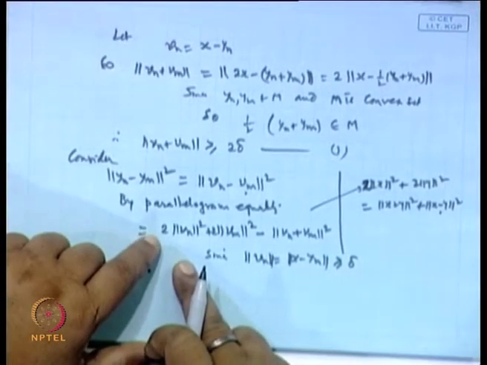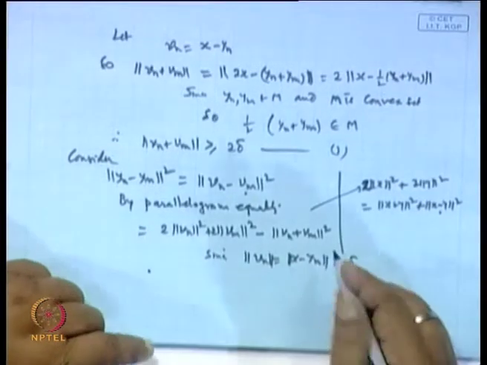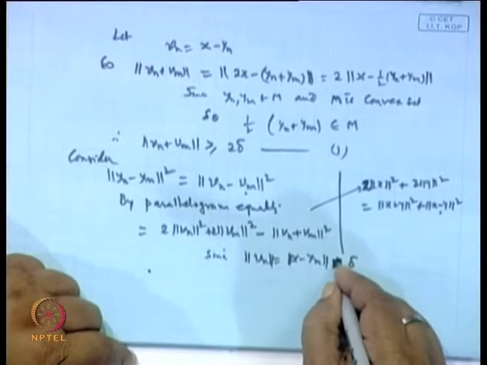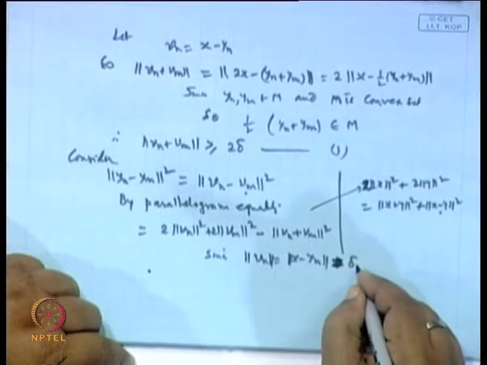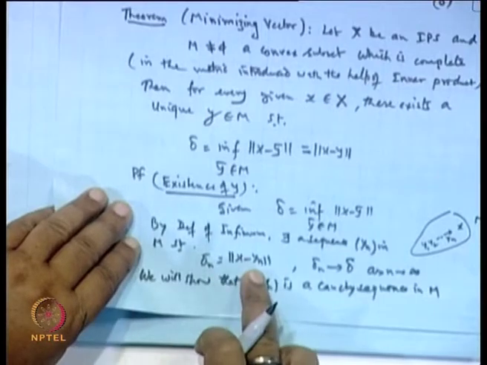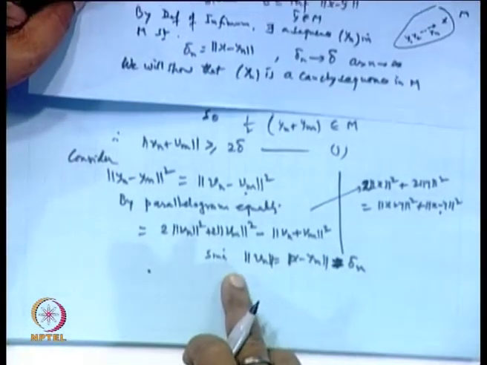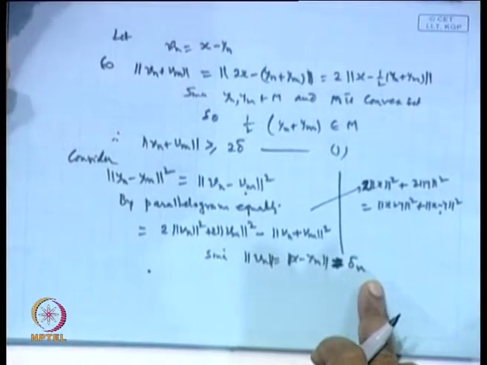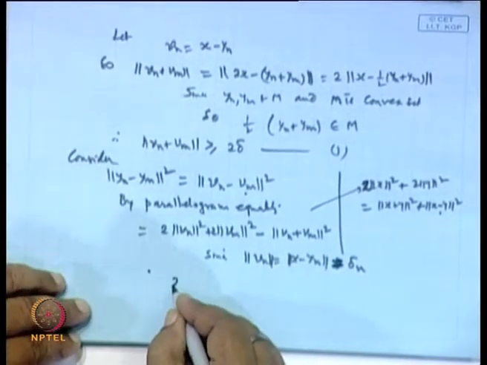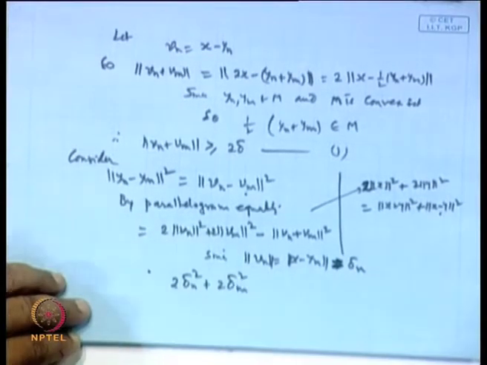No, sorry, this is delta n, let it be delta n, because this one is given: the norm of x minus y n is delta n. So, here the norm of x minus y n, which is V n, is delta n. So, using this, we are saying this is 2 delta n square plus 2 delta m square.